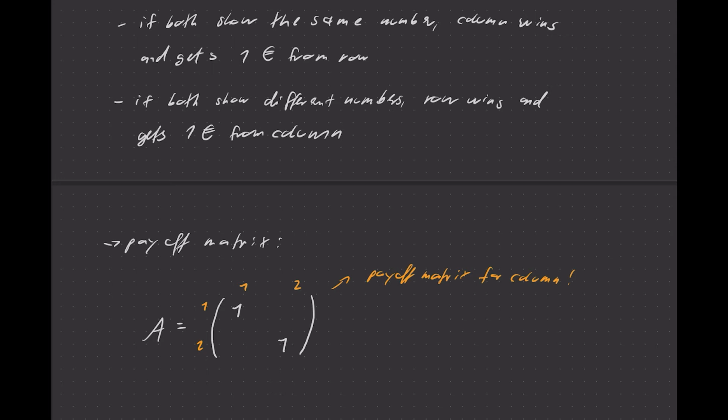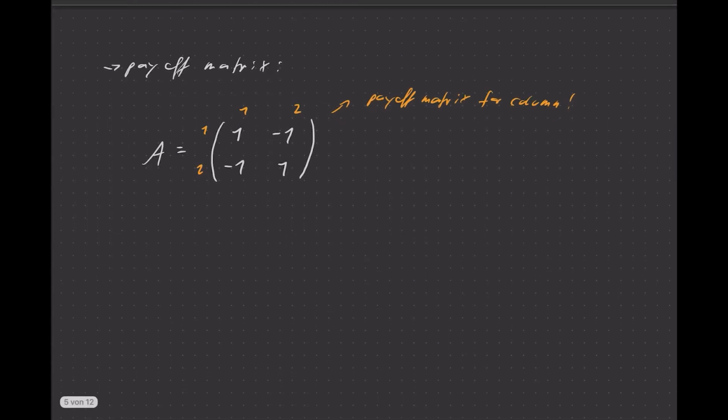So from Cullum's point of view, the payoff is now -1. It has to pay. So this is the payoff matrix for the parity game. And of course, one question that we can ask, and should ask, is there a Nash equilibrium in that game? And how do we find that Nash equilibrium?